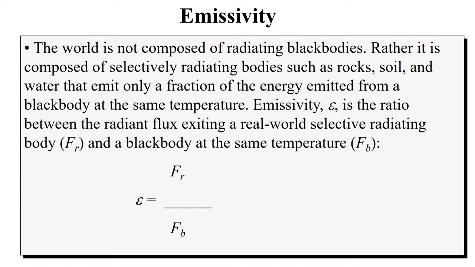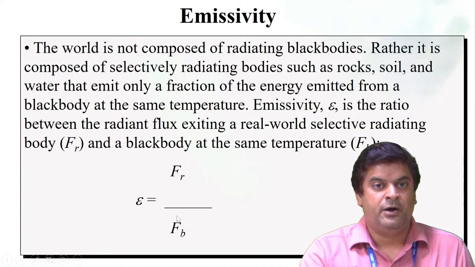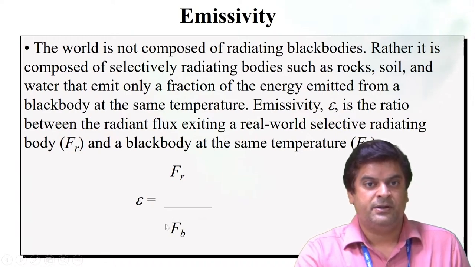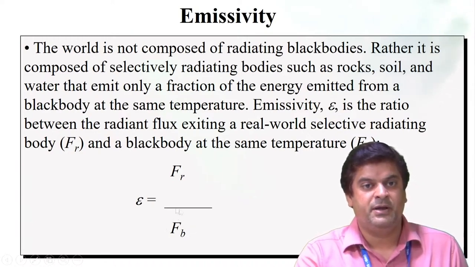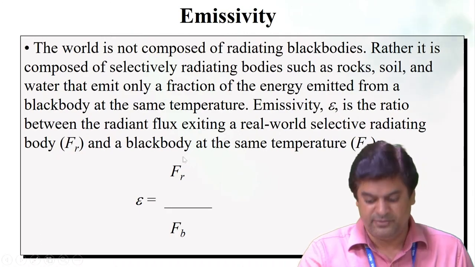So here you can see that emissivity is given as the ratio between Fr and Fb, where Fb is representing the radiant flux of the black body, and Fr is representing the radiant flux of the real world object.